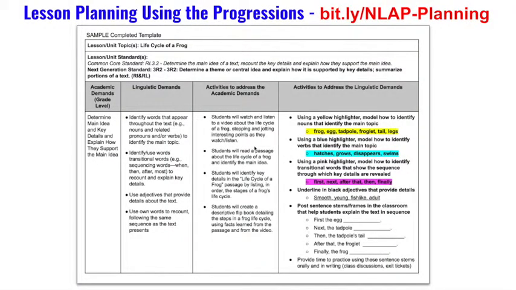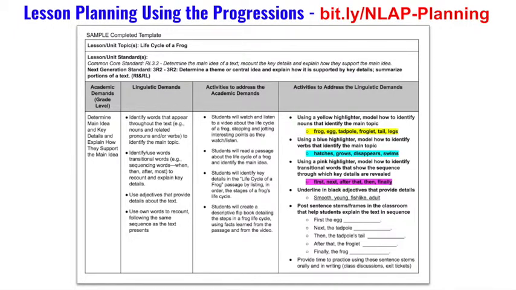Here is a completed sample template using the same standard, Reading for Information, Point 3.2. This sample can also be found at the link bit.ly/NLAP-planning along with the editable blank template.